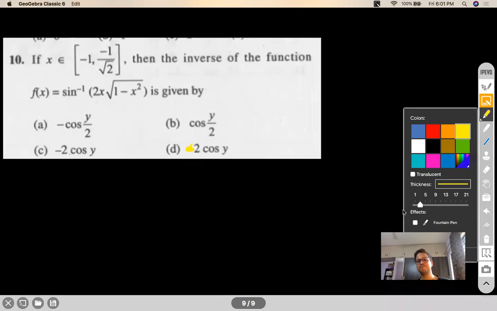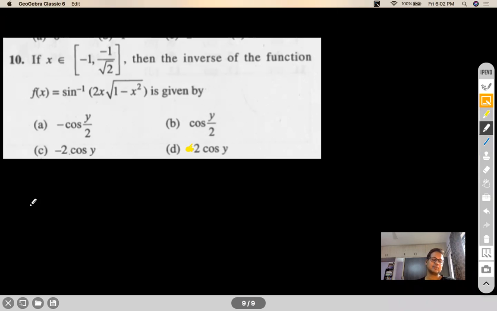Okay, so out of 21 of you who voted, maximum people went for option number A. Few went for C. B and D got lesser votes. Let's check. See, we have already figured out that 2 sine inverse x. Let's write down the formula of 2 sine inverse x.